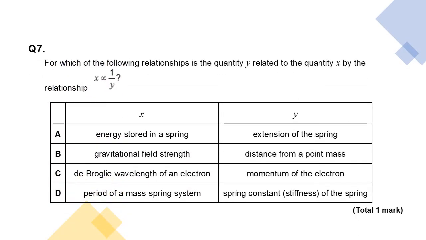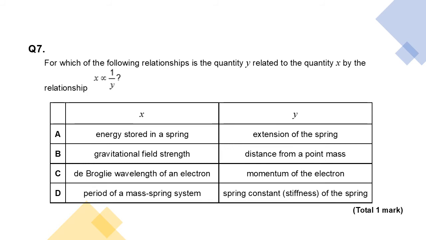So question 7, they're asking you in which of the following relationships X and Y are inversely proportional. So if you look at the first one, energy and extension. Energy is equal to half times force times extension, so they are directly proportional. Gravitational field strength and distance.